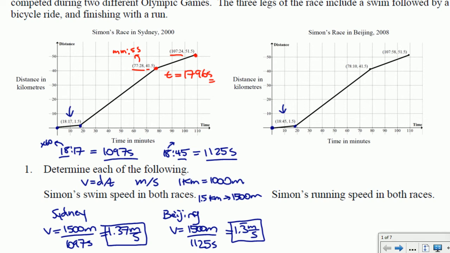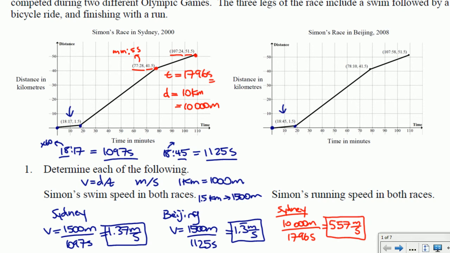And if we're going from 41.5 kilometers to 51.5 kilometers, the total distance ran is 10 kilometers, or equivalently 10,000 meters. So his running speed in Sydney is given by 10,000 meters divided by 1,796 seconds, and that gives us a speed of 5.57 meters per second.